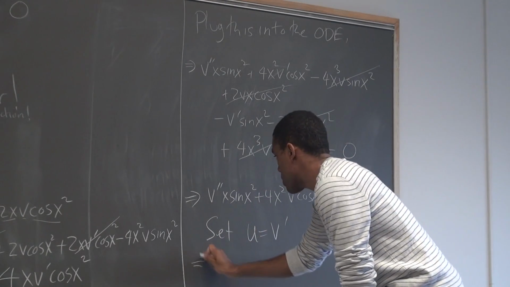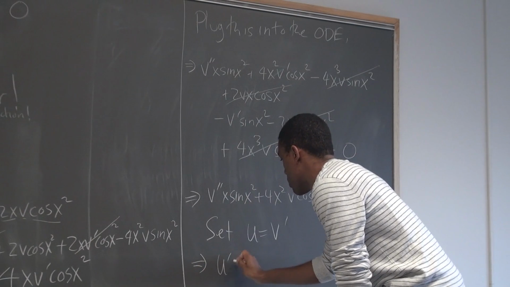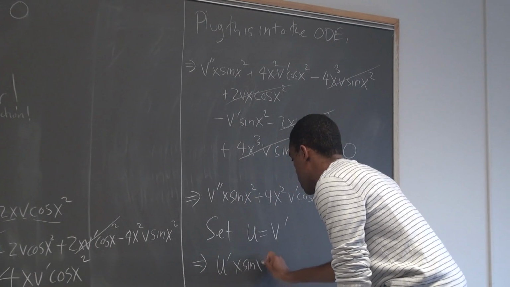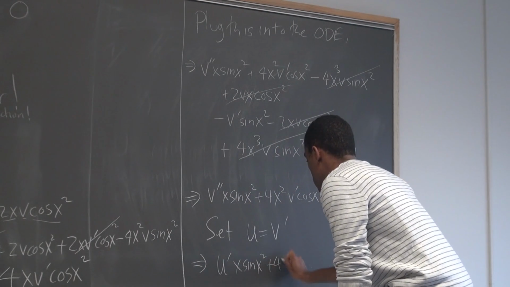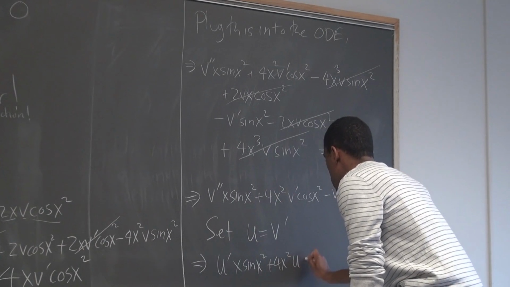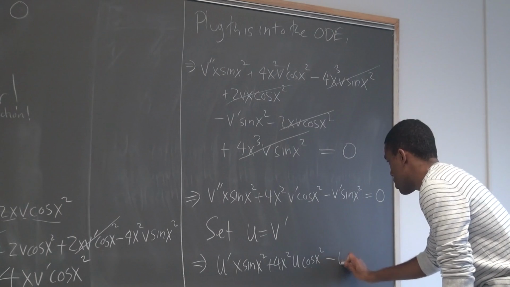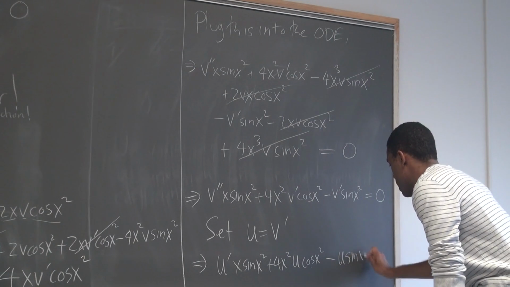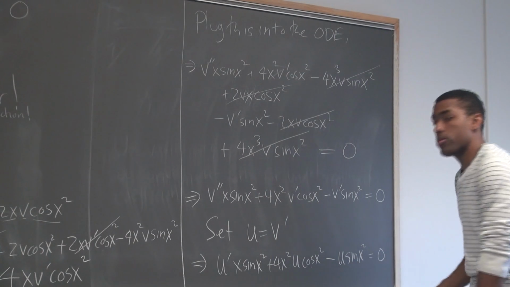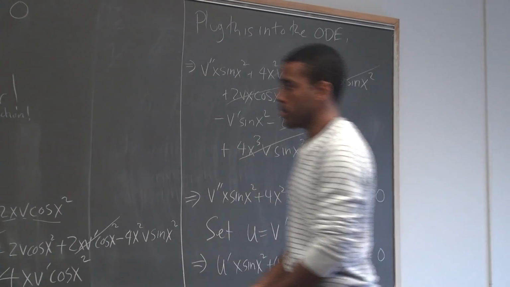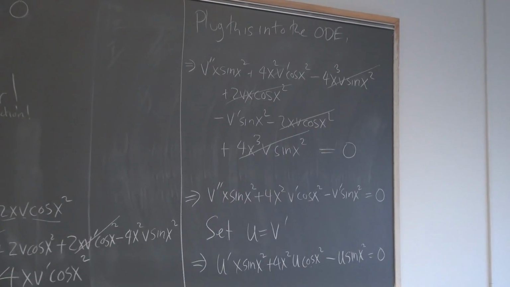And then what happens is this becomes u prime x sine x squared plus 4x squared u cosine x squared minus u sine x squared, which is now a first order differential equation. That's why it's called reduction of order. We went from a second order to a first order.